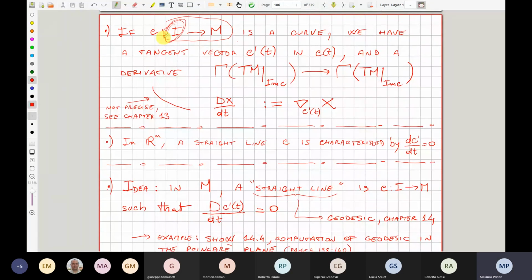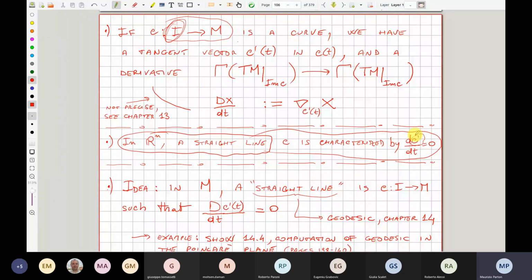So you can ask for curves which has the second derivative in some sense equal to 0. Because remember, in Rn, if you want to characterize a straight line, what can you do? You take the first derivative, the tangent vector, and then you take again the derivative and you call the curve a line if the second derivative is 0, right?